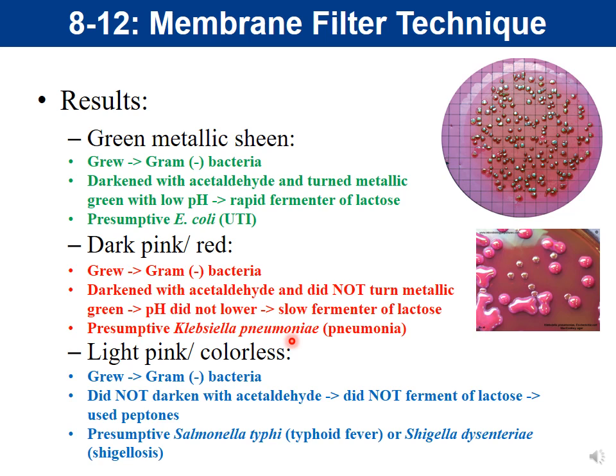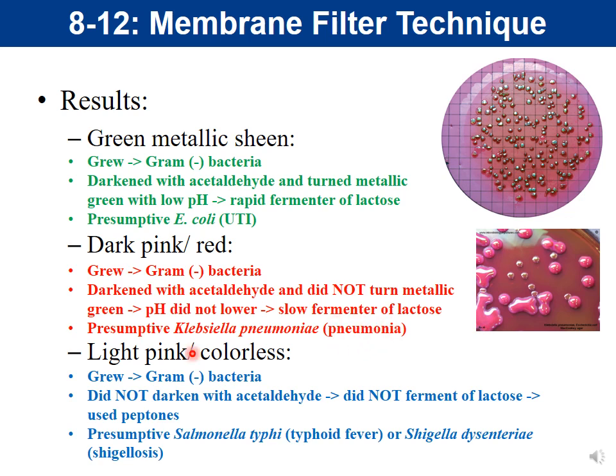It darkened with acetaldehyde, which means that it fermented the lactose, but it didn't turn metallic green sheen because the pH did not lower yet. If you waited a little bit longer, it likely would. But the fact that it darkened tells you that the lactose was used, but it's a slow fermenter of lactose. That result would tell you presumptive Klebsiella pneumoniae, and the disease that goes with that would be pneumonia.